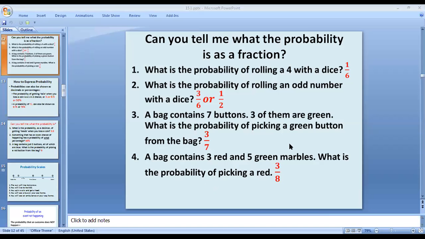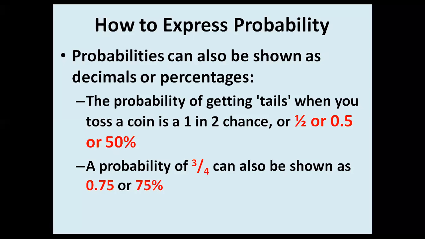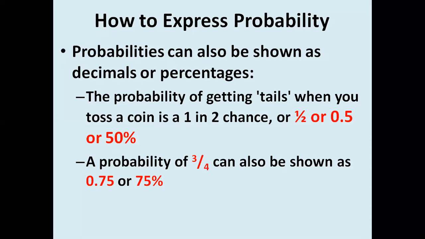Let's continue now. We are now in this slide. We can also present the probabilities as percentages or decimals. For example, if you go back to the head and tail in the coin, when you toss a coin, it's 1 out of 2.